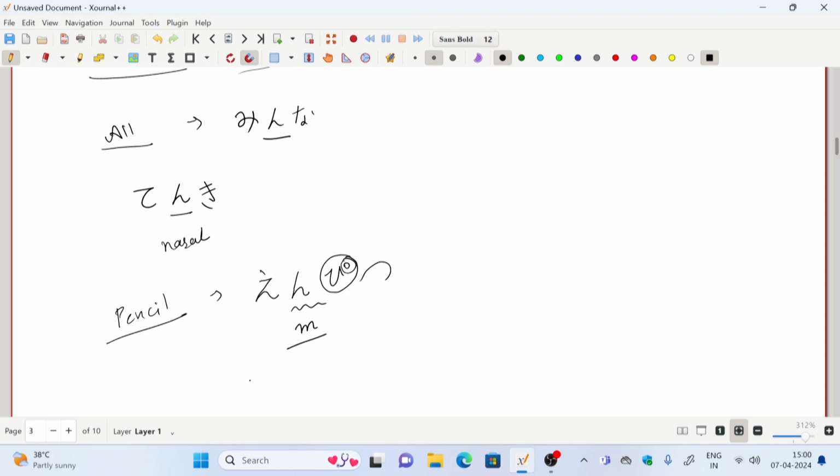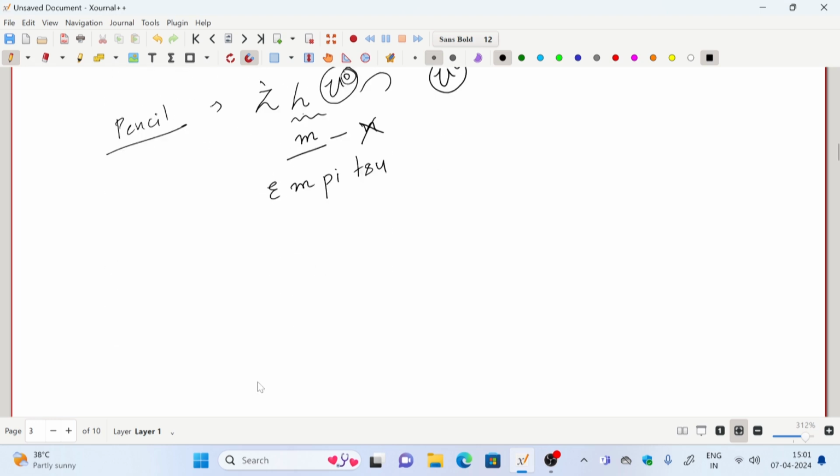So here it is e, pitsu, empitsu. Here it is not n because the maru is there after the n letter. So it is empitsu.